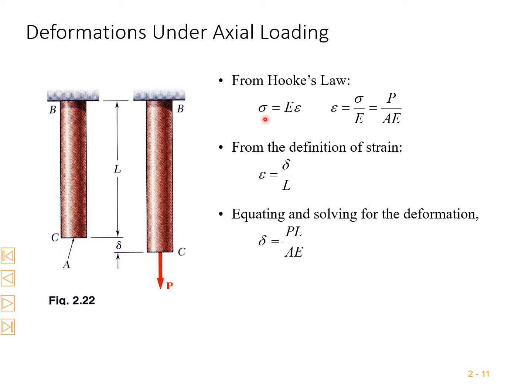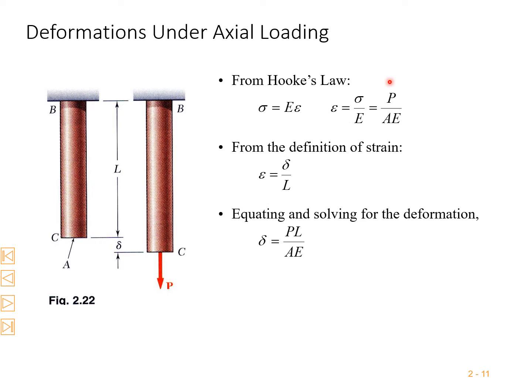So stress is proportional to strain. Strain is nothing but stress by Young's modulus. Stress we are getting as P by A, so strain is P by AE. So we can get it from the Young's modulus, the force and the area. From that itself we can get strain: P by A, load by area, into 1 by Young's modulus value.